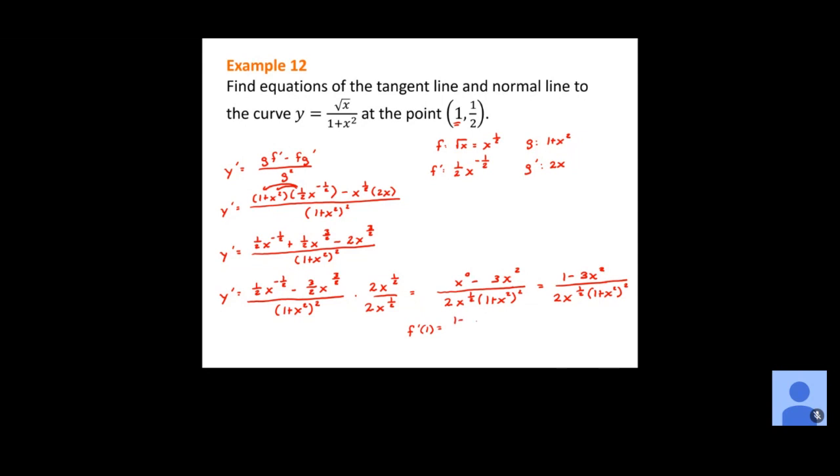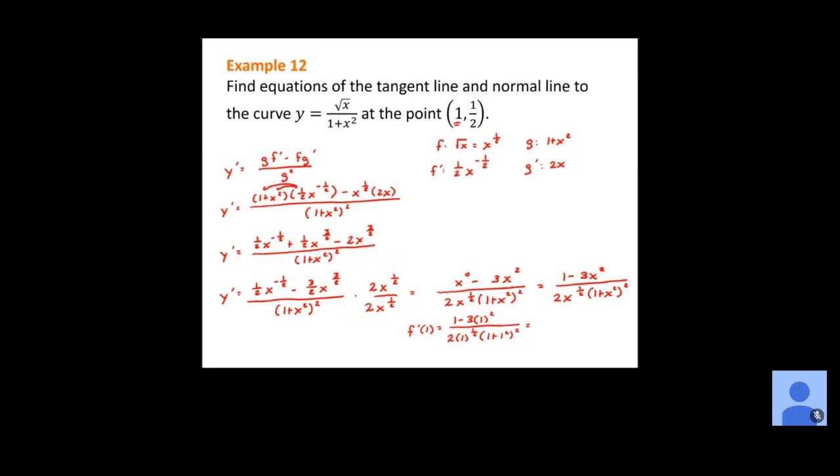So we're going to have 1 minus 3 times 1 squared over 2 times 1 to the 1/2 times 1 plus 1 squared, all squared. So just everywhere you see an x in your derivative, we're substituting that 1 from the point that's given.